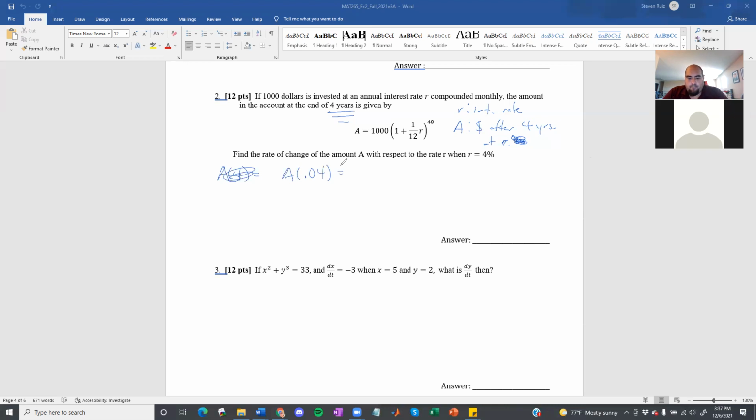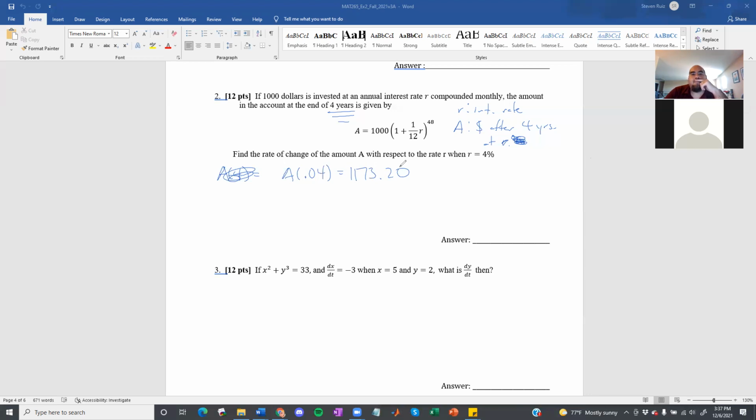So 1,000 times 1 plus 0.04 over 12, all raised to the power of 48. I got this down to the penny: 1173.20. So what that tells you is this: when the interest rate is 4%, this account will have $1,173 in it, right? Right.